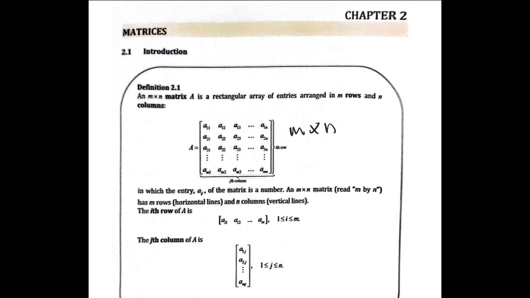So remember, when we say rows, it talks about the horizontal line. If we talk about columns, it talks about the vertical line.